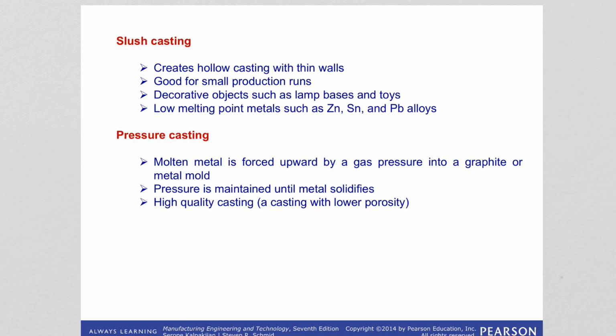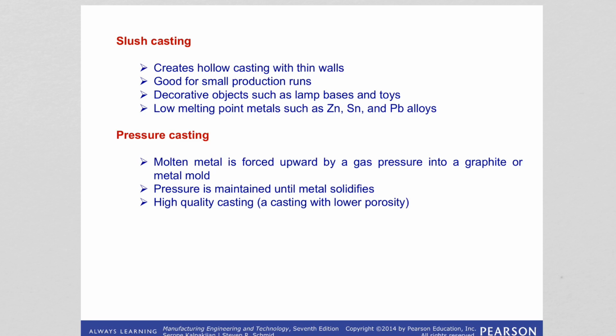The pressure is maintained until the metal has completely solidified. It can also be forced upward by a vacuum, which then removes all dissolved gases and produces a casting with lower porosity.